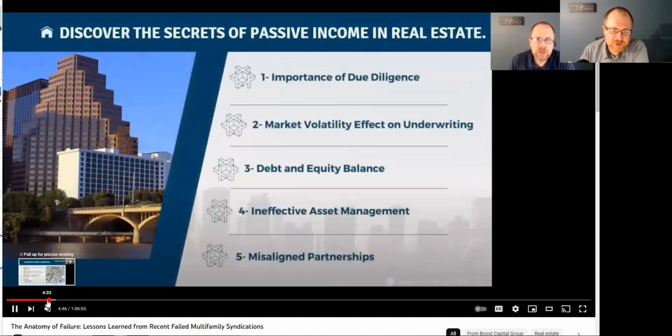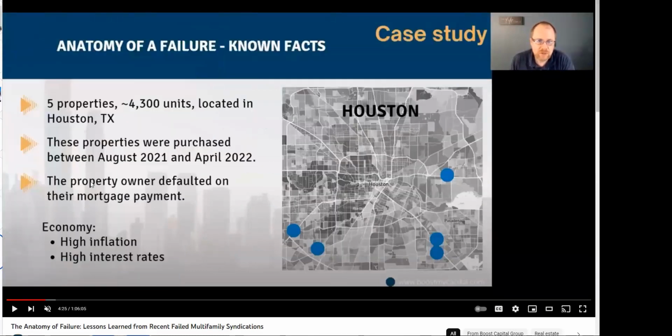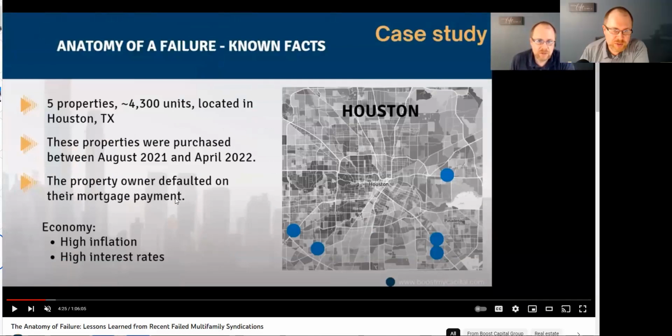Those were in different areas of Houston. And they defaulted on their mortgage payment. It wasn't a real foreclosure per se, but no, I guess it was. But it was not a public foreclosure. The lender took over.